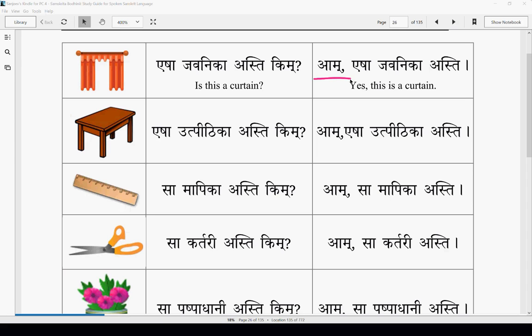"Esha javanika asti." That was pretty labored. No, good. Is that Javanika, right? So what does javanika mean here? Curtain. Curtain. Yavanika also is called Yavanika. Okay, next. Thank you.